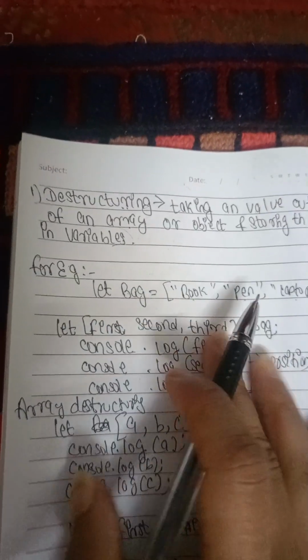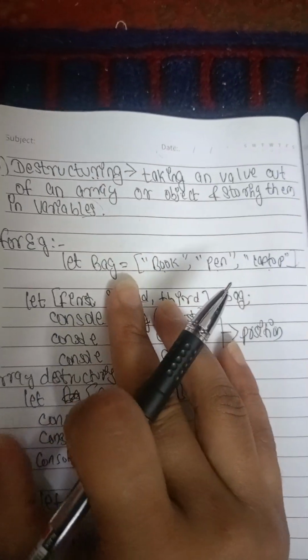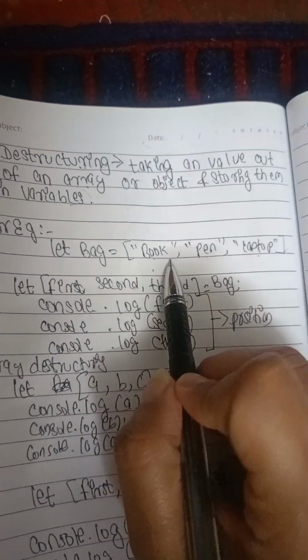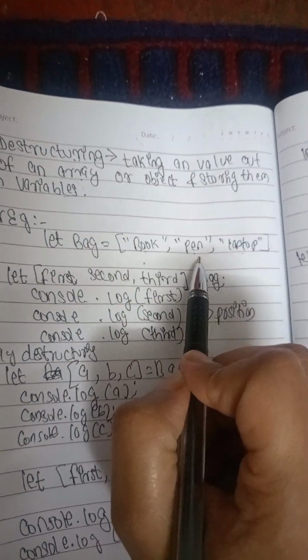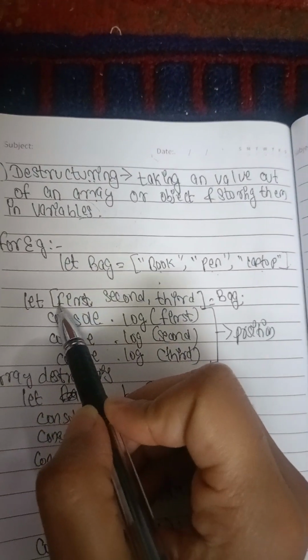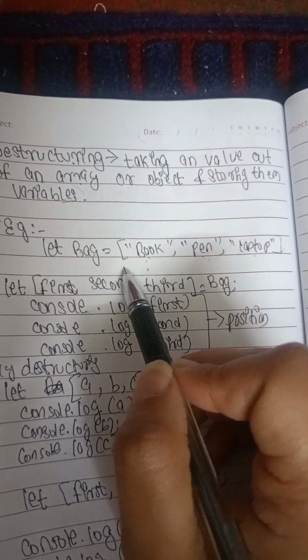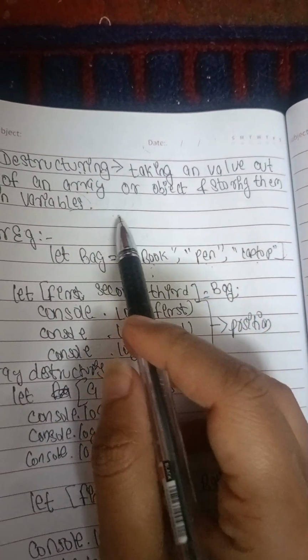So we have an example. Let's see step by step. For example, I just made a variable bag is equal to, inside the bag we have book, pen, laptop. So I just made an array, and then I have put this array into position-wise, right?